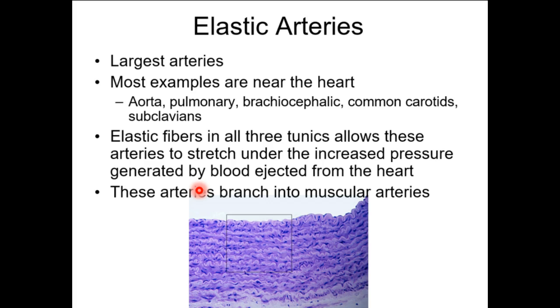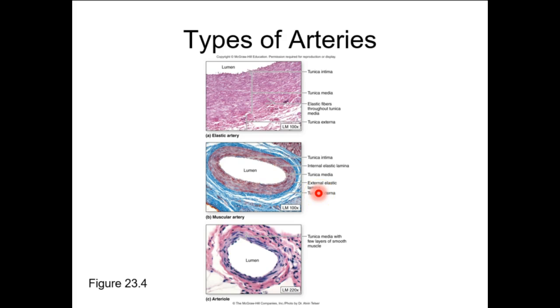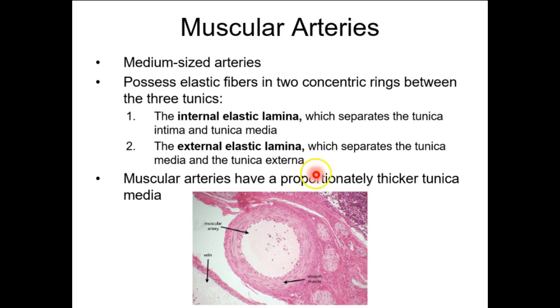So again, elastic arteries, abundant elastic tissue for extensibility and elasticity. And those branch into muscular arteries, which would look muscular but less elastic, and those branch into arterioles. Let's see, I think I've got a little bit more specific stuff.